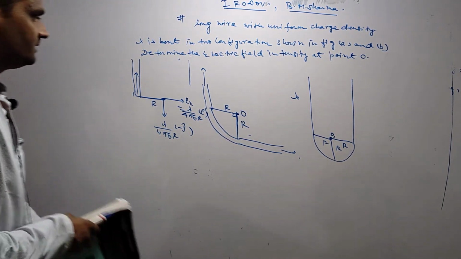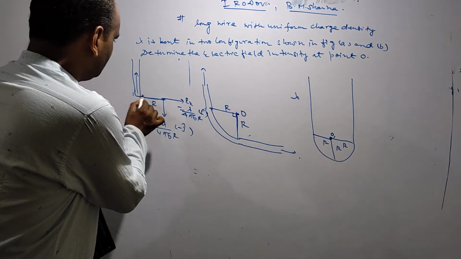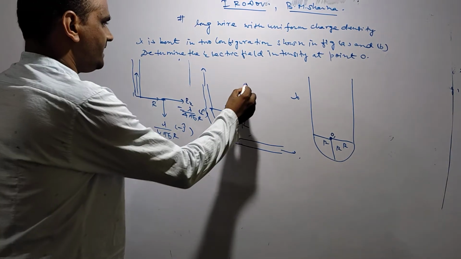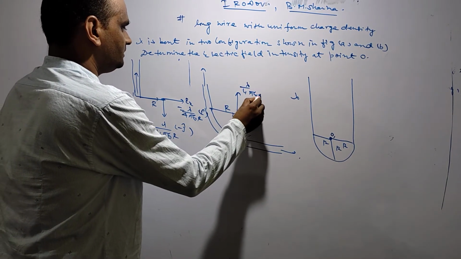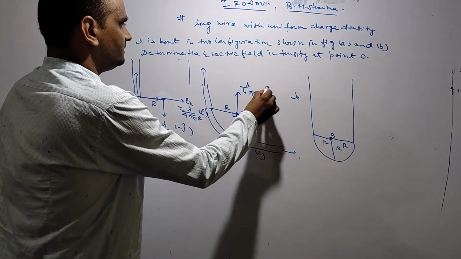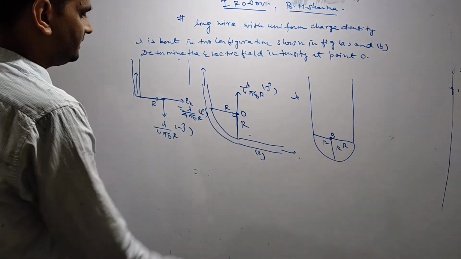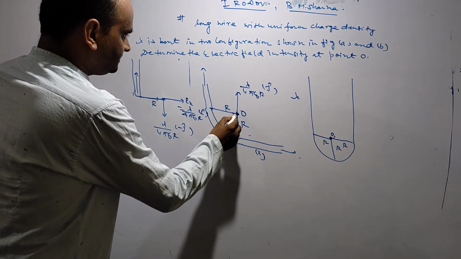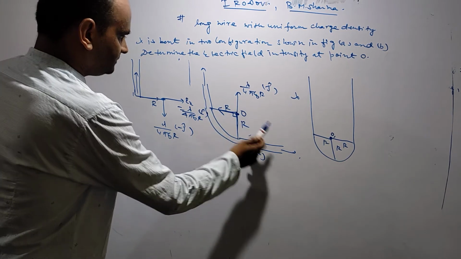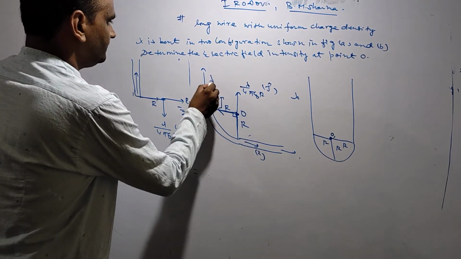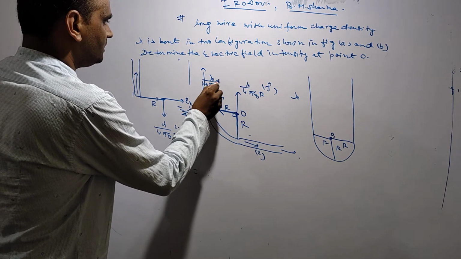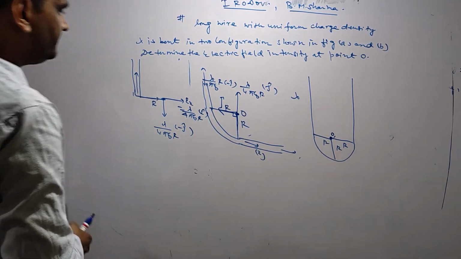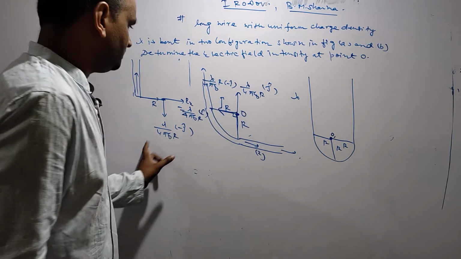So this way you have lambda by 4 pi epsilon naught r for segment 2, positive j, in this direction, because for this wire we have lambda by 4 pi epsilon naught r minus i, and when we add, this is going to be cancelled out.